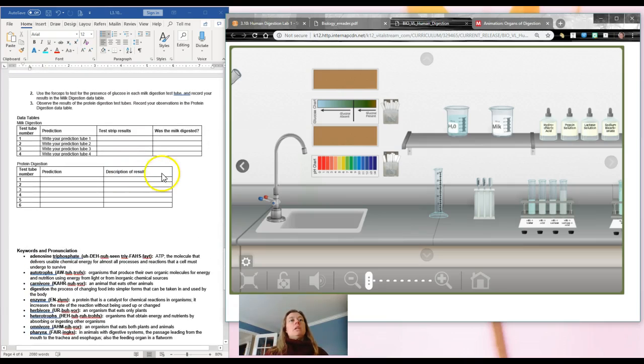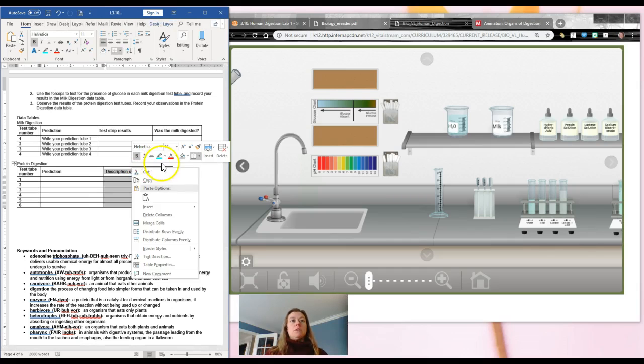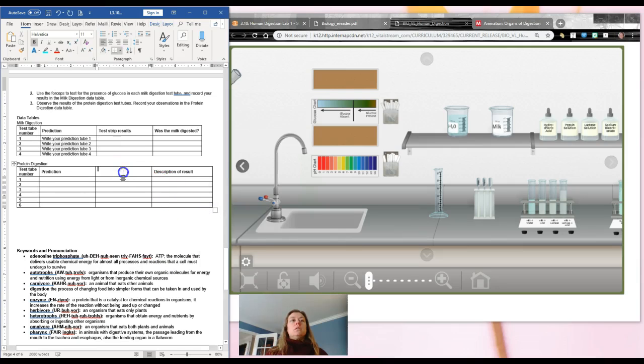Okay. So we need another column here. You guys can just write it next to it. All right. So pH strip results. All right. So this test tube was green, and it was pH 7.